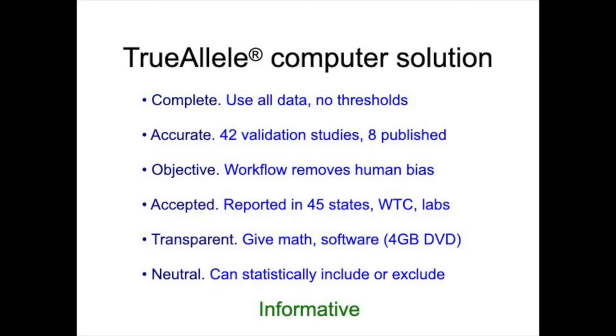That's the basis of what scientists do in all standards in forensics. It's also neutral. It can statistically include or exclude, or sometimes say there's nothing there. So it gives informative results. That's a synopsis of the difference of what TrueAllele is.